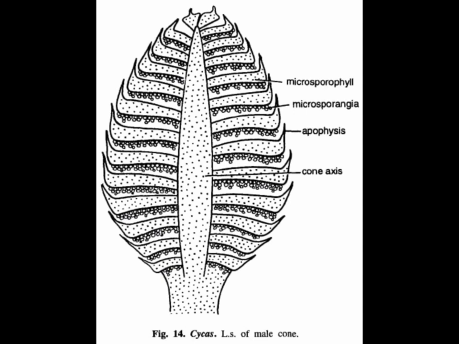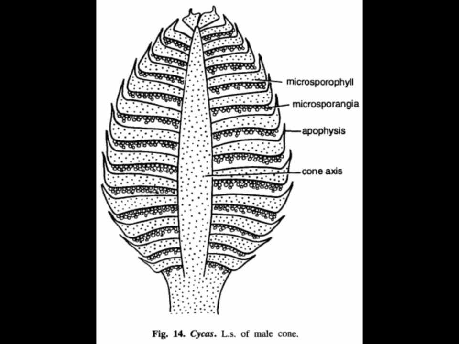And what is the structure of a microsporophyll? Each microsporophyll is woody, wedge shaped, brown in color and leaf like, and it has a narrow base and an expanded upper portion. This upper portion is pointed and sterile, and it is known as the apophysis.